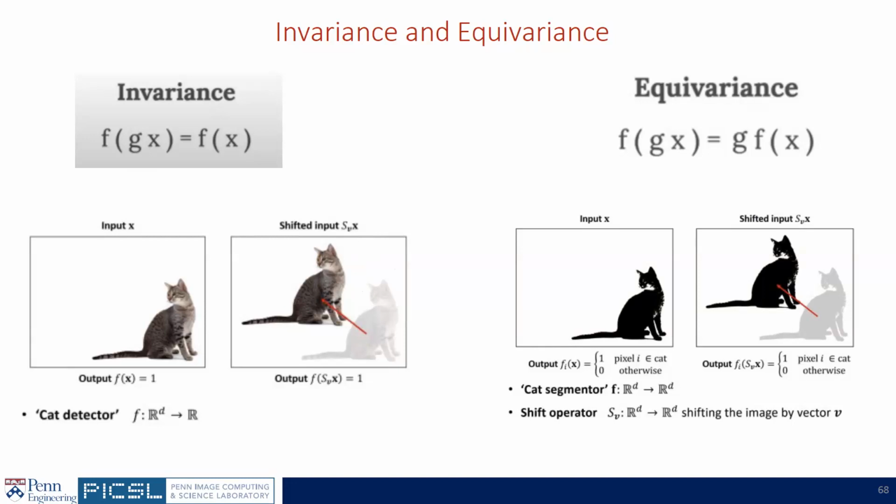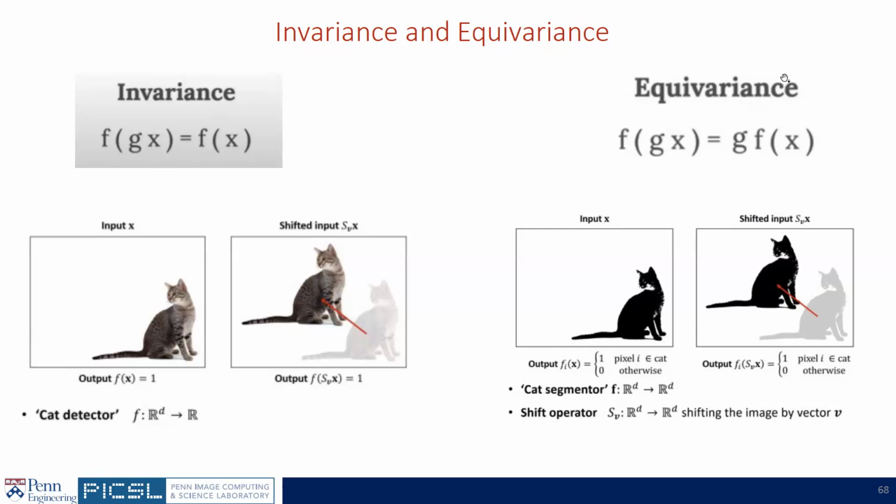I want my neural network to still say that even in this shifted image, somewhere in the image, there is still a cat. That is what is meant by invariance: f of x is equal to f of g of x. You are able to detect the cat even if it's shifted somewhere in the image. So that is invariance.